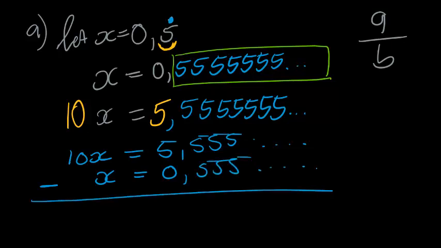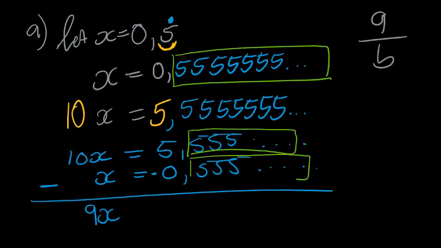It's going to give me a total. So on the left hand side, I'm subtracting. So 10x minus 1x gives me 9x. And on the right hand side, I'm going to say 5.555555 minus 0.555555.